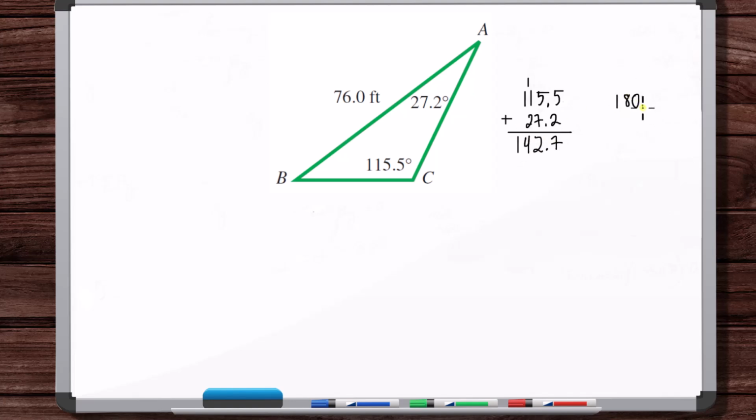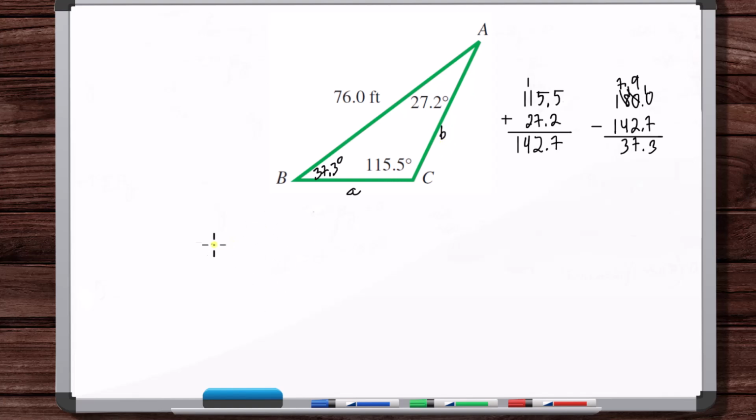Now let's subtract this from 180. So 3, 9 minus 2 is 7. 7 minus 4 is 3. So this is 37.3 degrees. Okay, so this is side length A, side length B.